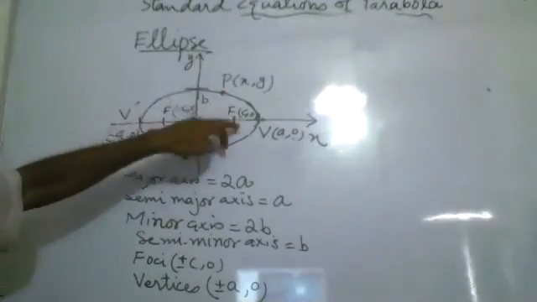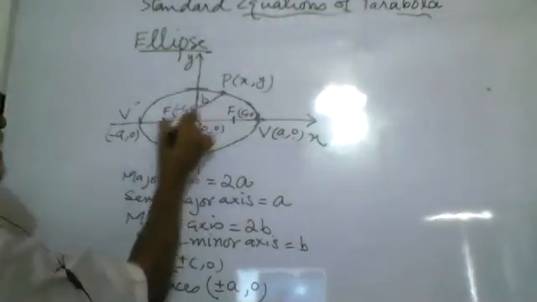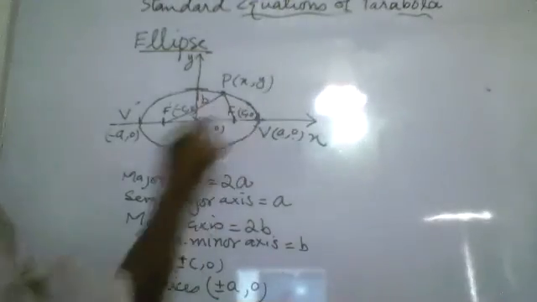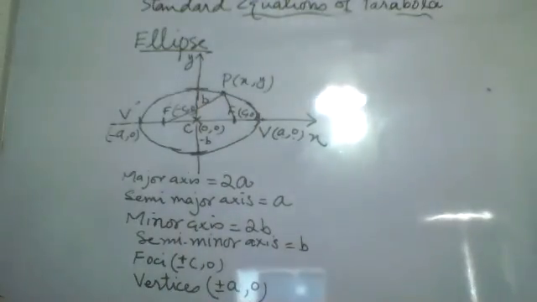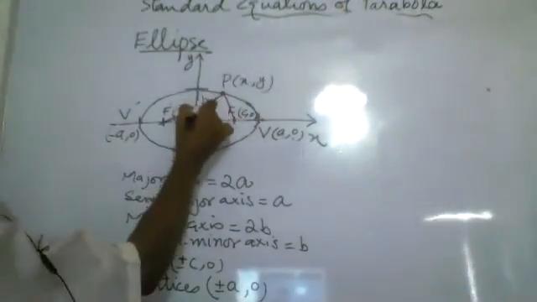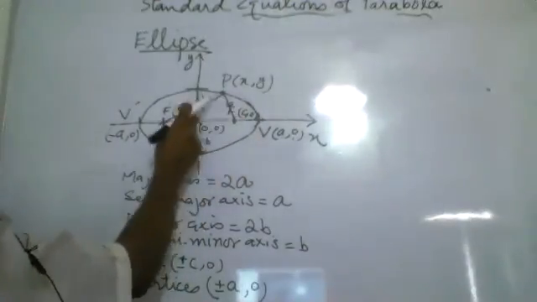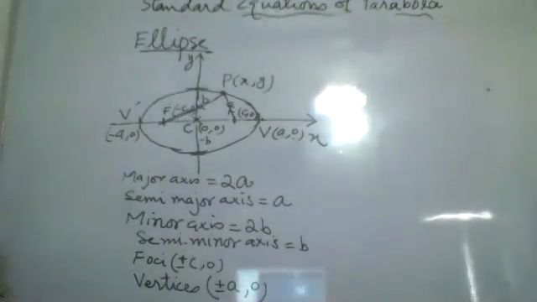The sum of the two distances is always constant. The point P moves in such a way that this distance plus this distance, the sum of these two distances, always remains constant. So this is the definition.